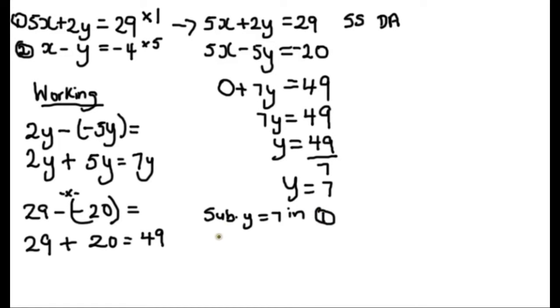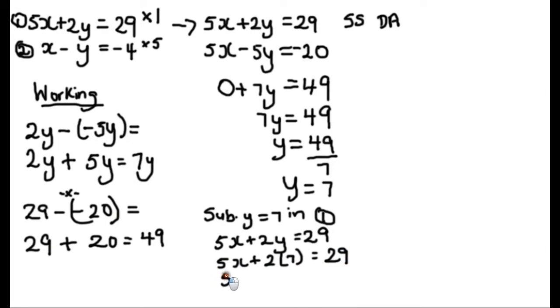And so I have the equation 5x plus 2y equals 29. So I'm going to put 7 wherever I see y. And remember, 2y means 2 times y. So you have 5x plus 2 times what you got for y, which is 7, equals 29.